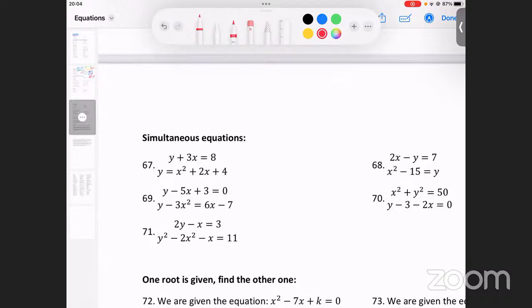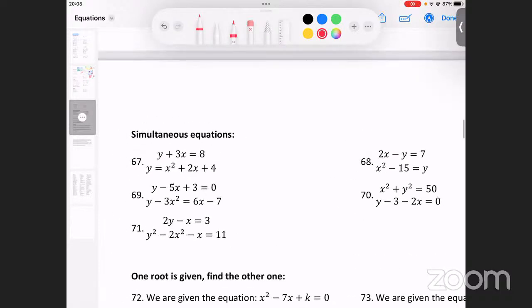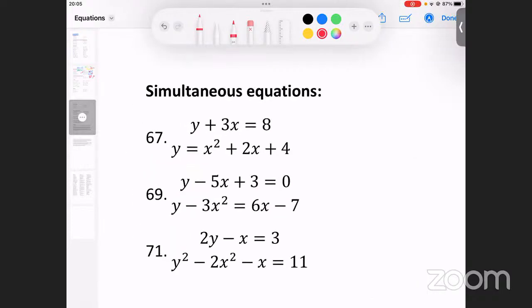So can you see at this stage, you don't need to write all of these things, honorable members. You just look at it and say, okay, if I'm given number 67, how am I going to start?